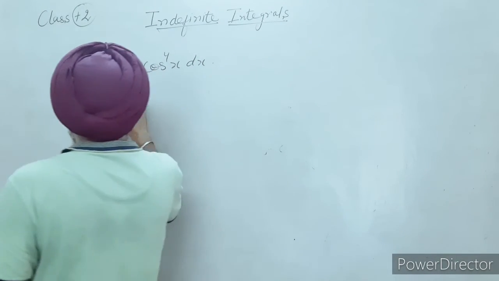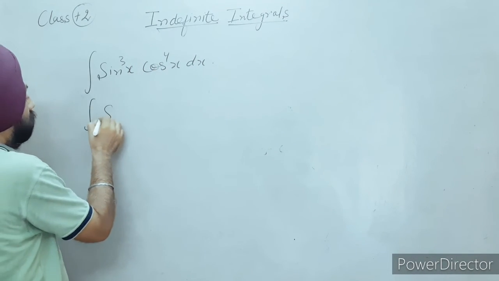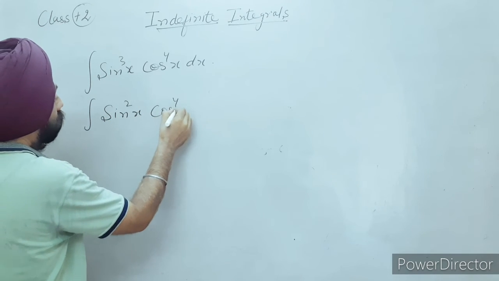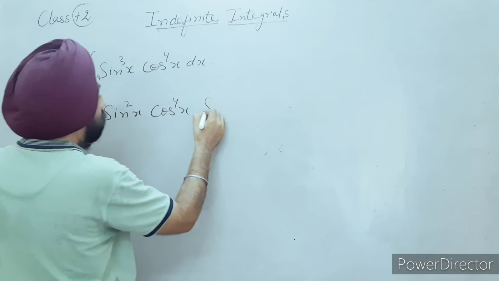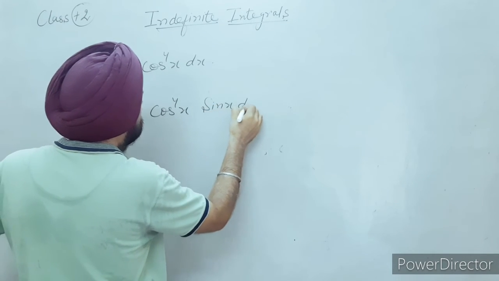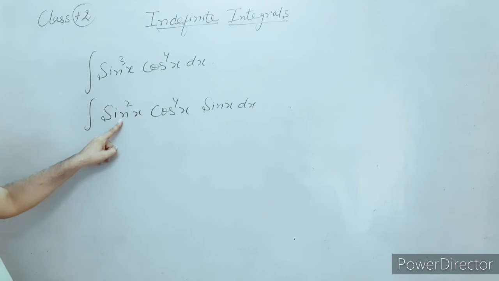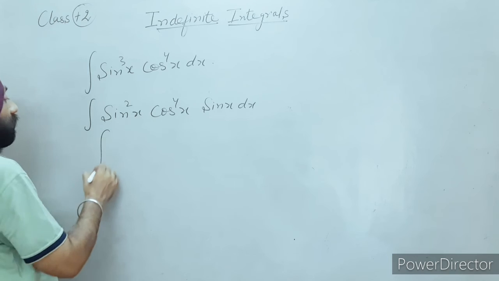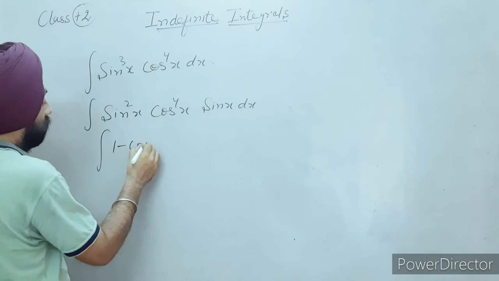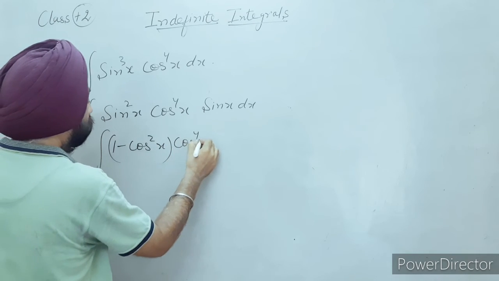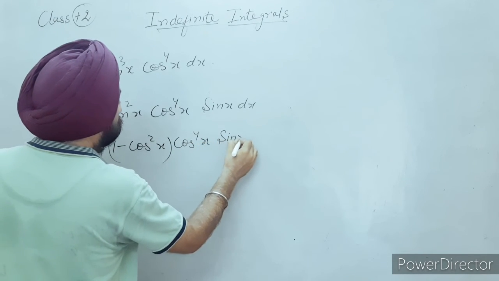So let me write it as sin square x cos 4x into sin x. I can write sin square x as 1 minus cos square x, and sin x dx as such.